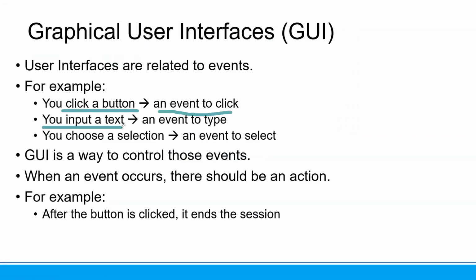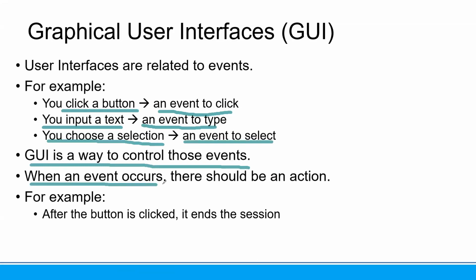Let's say you input a text. If you write something from your keyboard, then there will be an event to type. Or you choose a selection, then there will be an event about the selection. So the GUI, or graphical user interface, is a way to control those events.